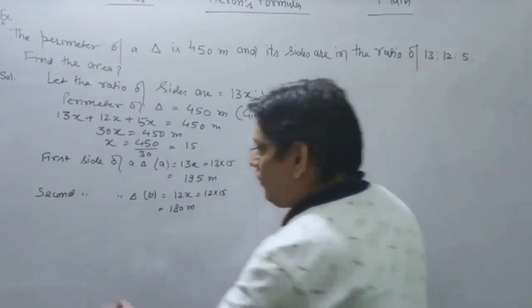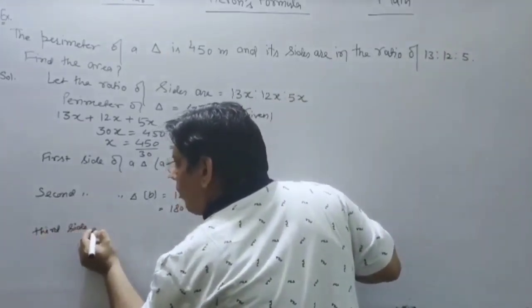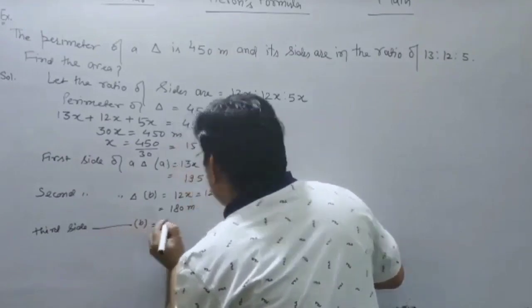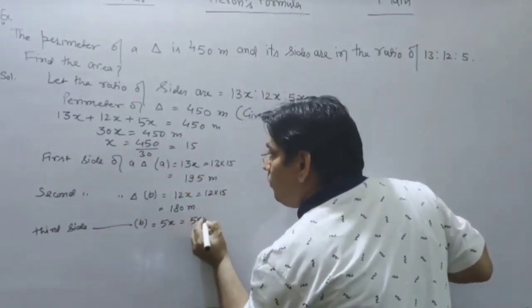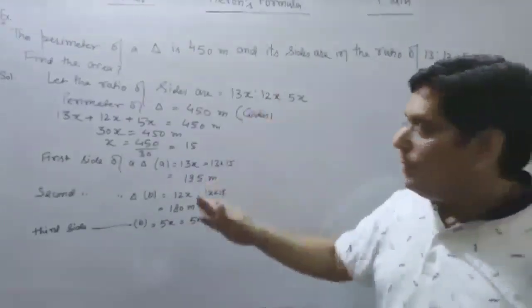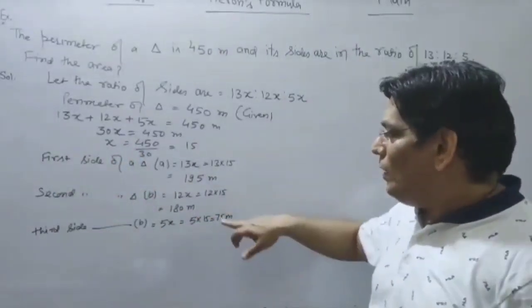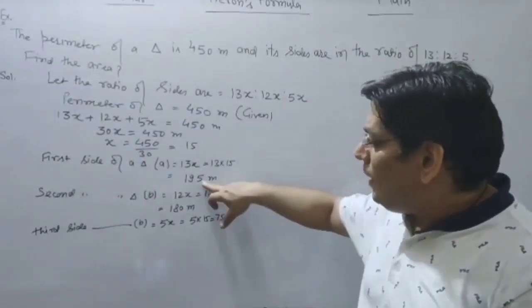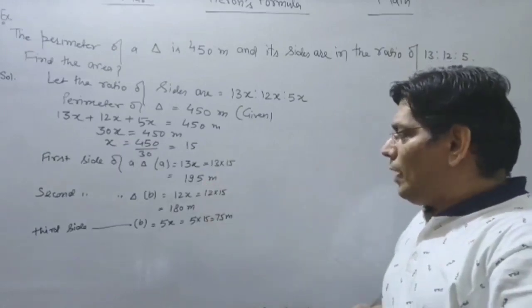Now the third side, c, is 5x, so 5 into 15, 75 meter. Now this is a simple question in which all three sides are given: one is 195, second is 180 and third is 75 meter.